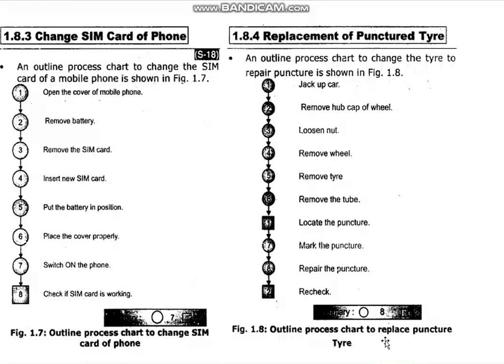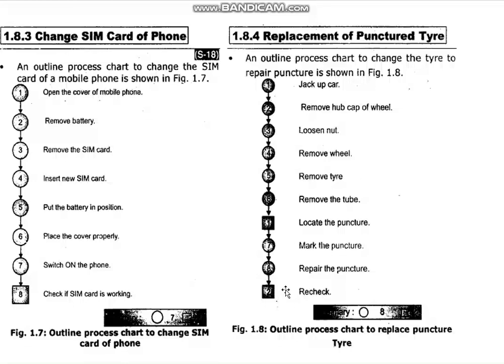Anyway, this is the first operation, second operation, third, fourth, fifth, sixth operation, and locating the hole where the leakage is, that is an inspection. Then you mark the puncture, repair the puncture, and check again.